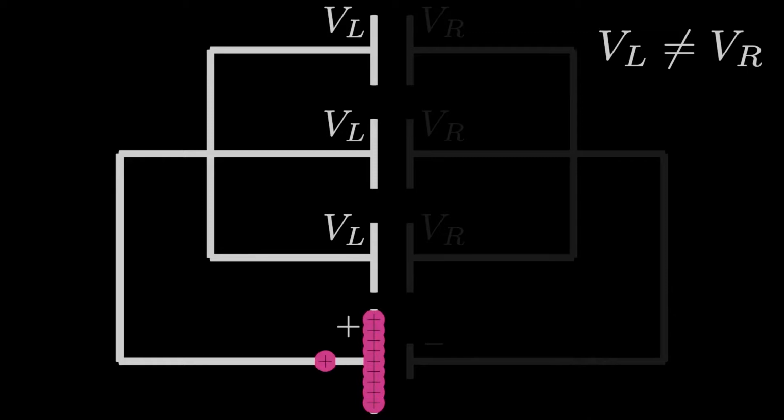Positive charge wants to redistribute itself across all these plates on the left by traveling through this very thin conductive wire. Of course, we know the mechanism of current flow is the movement of electrons, so it might be more something like electrons moving toward the battery terminal from the left plates, leaving behind excess positive charge on the plates. But trying to animate it like that might make things a little bit too cluttered.